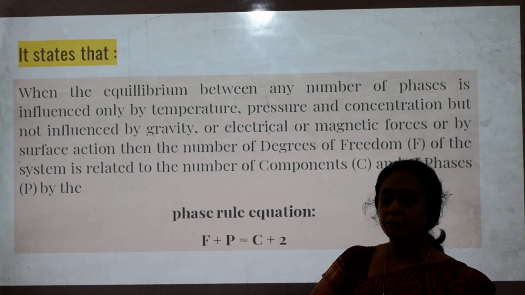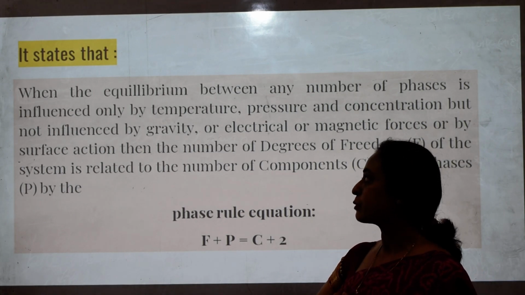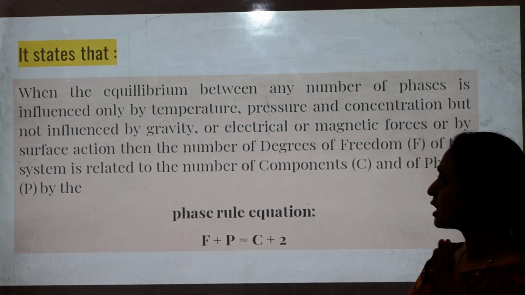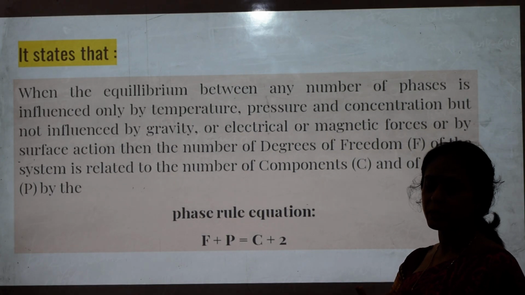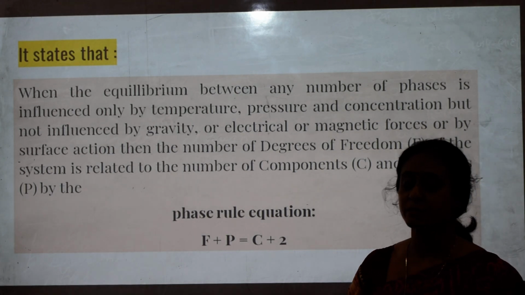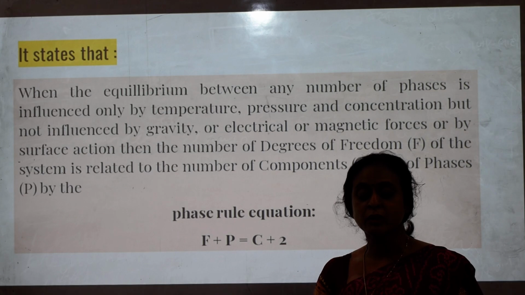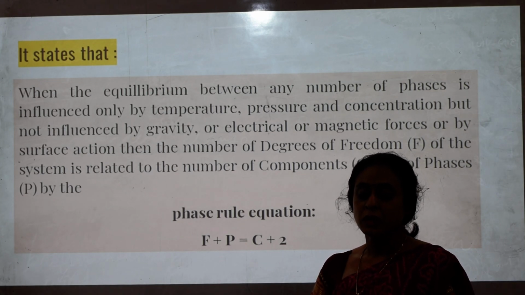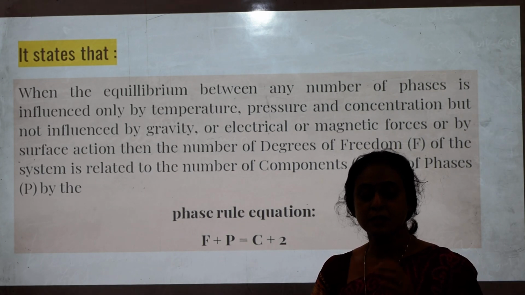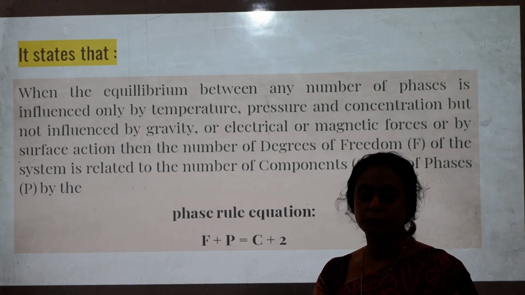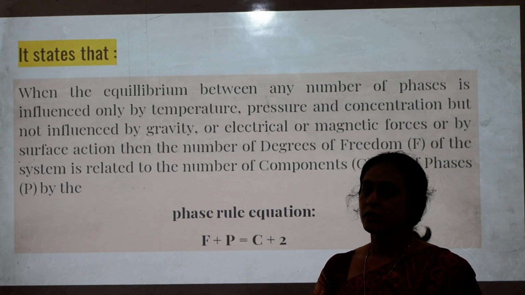When the equilibrium between any number of phases is influenced only by temperature, pressure or concentration, and not influenced by gravity or electrical or magnetic forces, the degree of freedom of a substance is related to the number of components and phases.